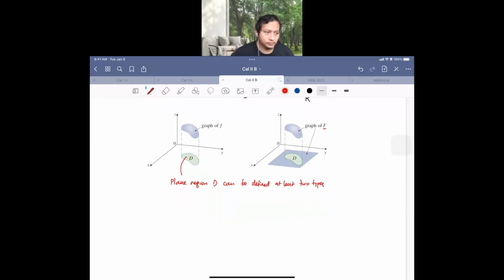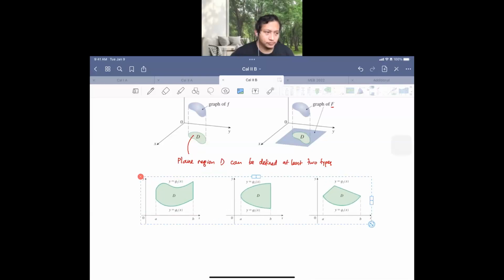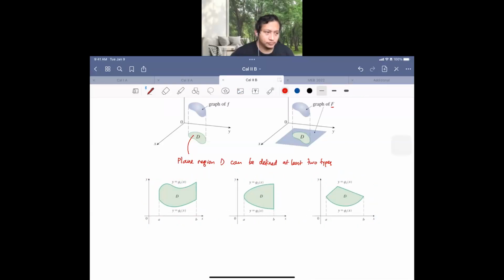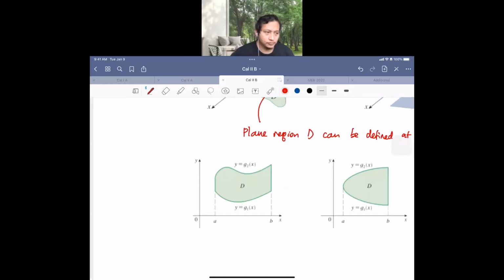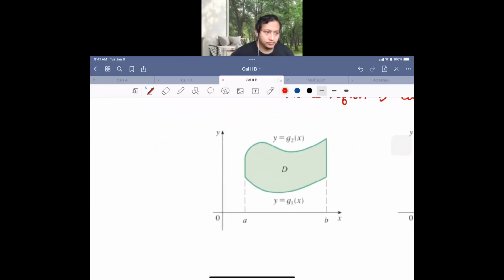That is our topic for this 15.2. The first one is this. Maybe we focus just on the first one here. The second and third are just derived from the first one.